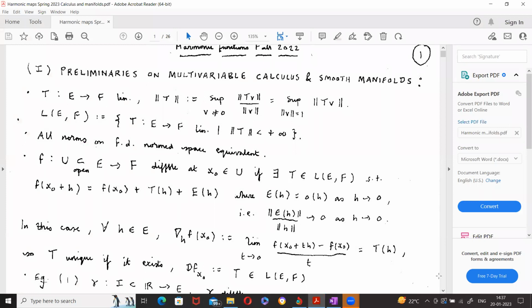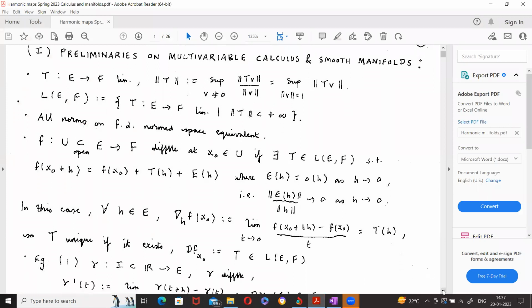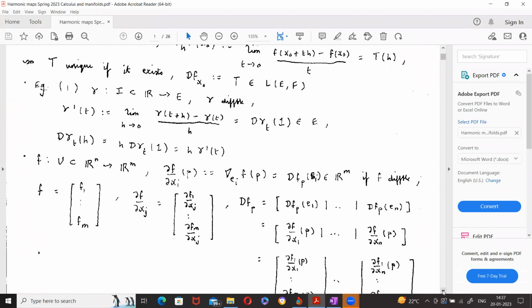All right. So let me come back to the notes now. Talking about derivatives, one special case which is important to note is that if I take a curve, gamma, from an interval in R into a normed vector space E, which is differentiable as a map from R into E, then what's called the tangent vector of gamma at time t, gamma prime t, is defined to be the limit as h tends to 0 of gamma of t plus h minus gamma t divided by h.